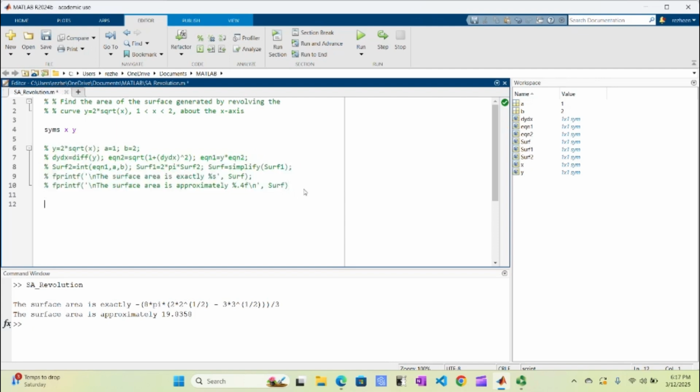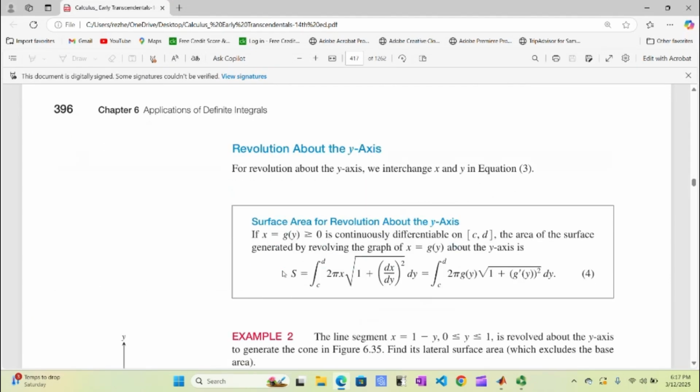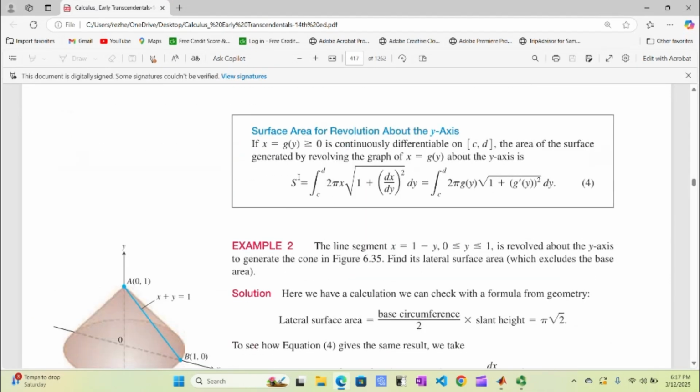Our function is for the second problem they do in the book. The formula for revolving about the y-axis is very similar, but everywhere we see y, we change it to x. So it's 2 pi x times the square root of 1 plus dx/dy squared. This is similar to the arc length function, and they put it in the form of g of y in the second line.